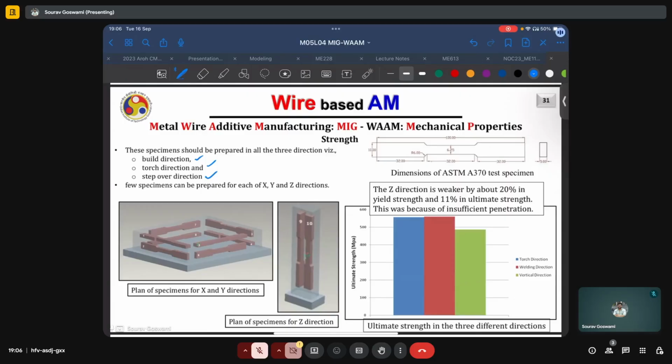A few specimens are prepared from each of the x, y, and z directions, and also prepared at some angle. And in one of the studies, it was shown that the z direction is weaker by about 20% in yield strength and 11% in ultimate strength. This was because of insufficient penetration or low dilution.